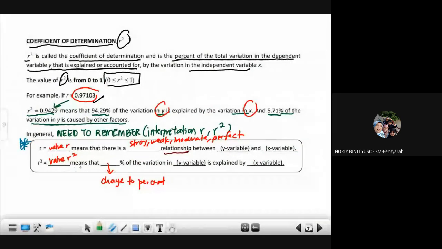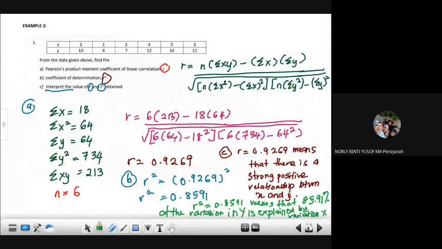R squared value means that the percentage of the variation in Y is explained by the variation in X, or by X variable. Follow this and you get full marks for the interpretation.